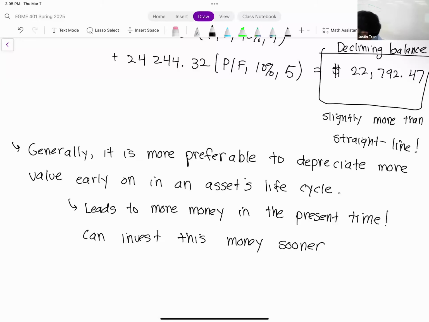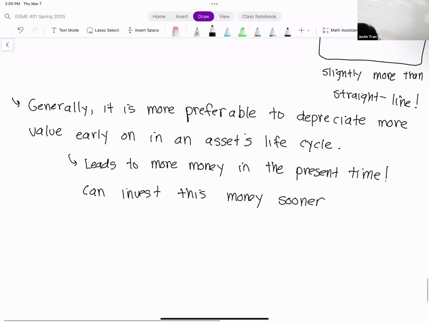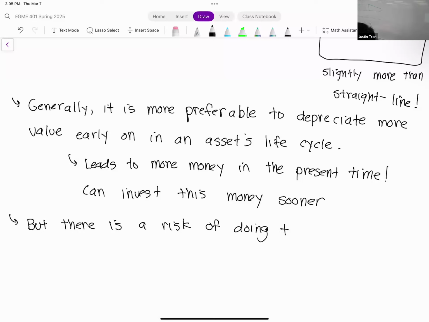there is a drawback to this, or I should say a risk. Because one consequence is that if you're depreciating more aggressively, that's the terminology that's used, right?